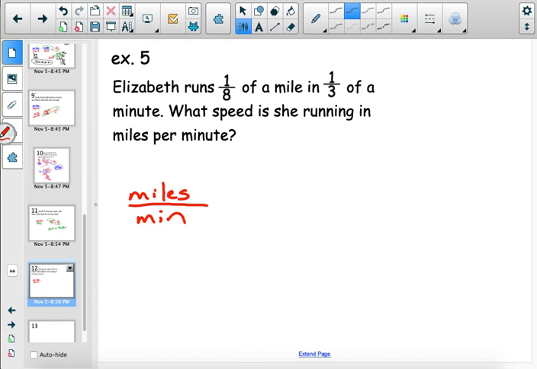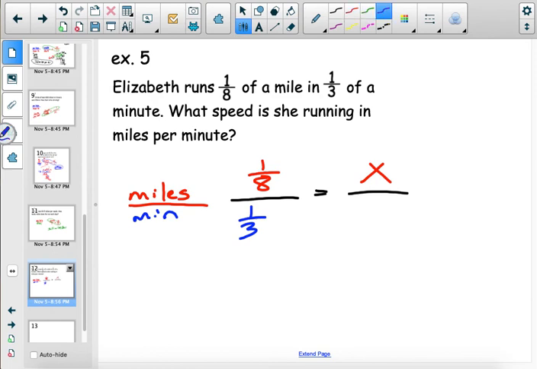Okay, I'm gonna change color on this. Alright, miles is gonna be 1/8 over 1/3, and then equals x over... Say it again. x over how many miles is she going in 1 minute?